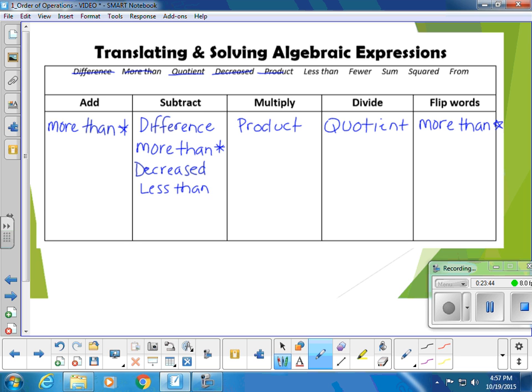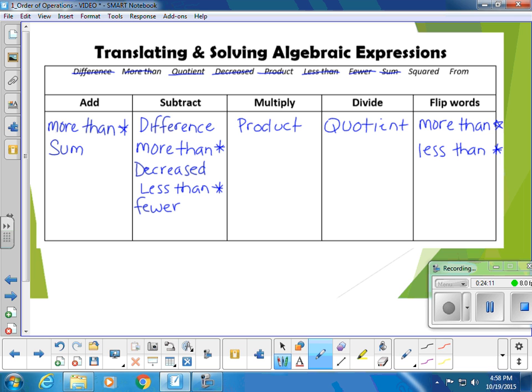But that's another one of those that's really funny, and you have to read the problem. And we're going to write it over here in the flip words as well. Fewer. Fewer means subtraction. If I have fewer than you, I'm going to subtract to find out how much more or less. Sum is a fancy word for the addition problem.